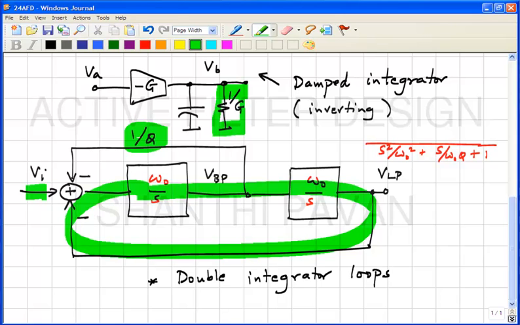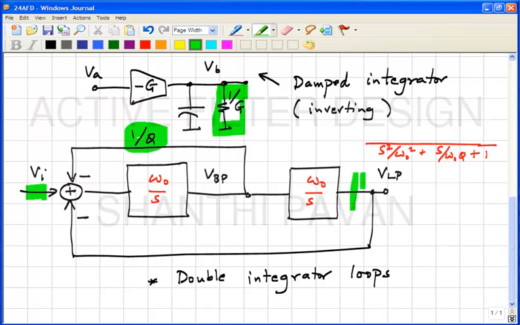Or if you like to do this loop gain kind of analysis, then you can break the loop here, right? And adding extra poles, a pole here and a pole here, is equivalent to the loop having a reduced phase margin because of the extra phase lag introduced by the poles.